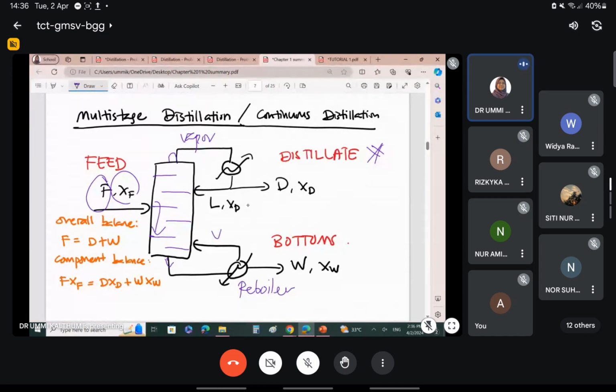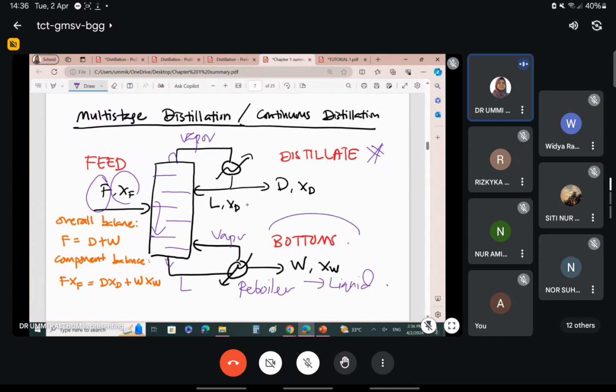So ada vapor masuk sini. So the remaining liquid akan keluar, dia juga adalah liquid phase. Reboiler ni fungsi dia hanya partially vaporize. So sebahagian vapor akan masuk balik ke distillation column and the remaining liquid will release as the bottom product.